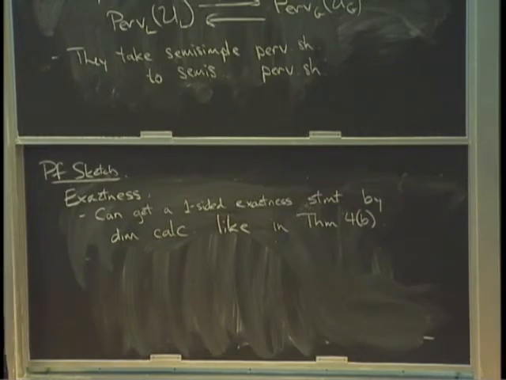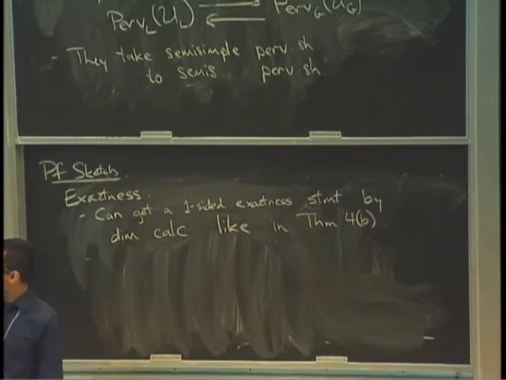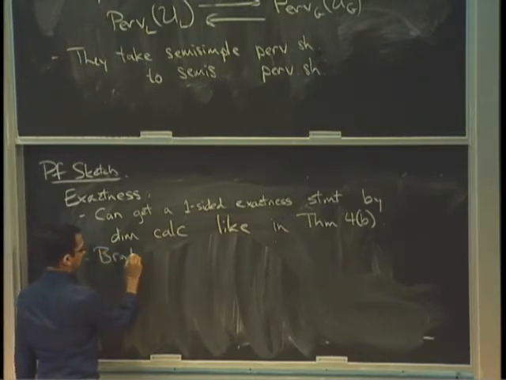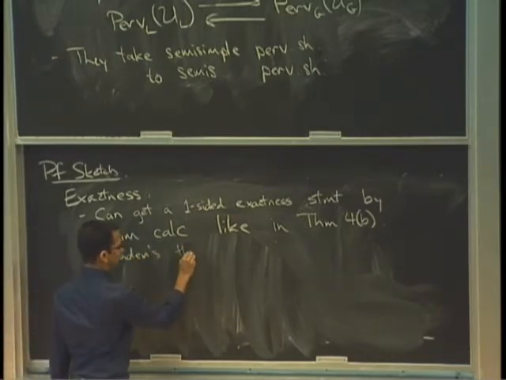And then to get them to be exact on both sides, this was not Lustig's original proof. By the way, almost everything in my talk today is due to Lustig. But I think a fancier, shorter, more modern argument is to use Braden's theory of hyperbolic localization.